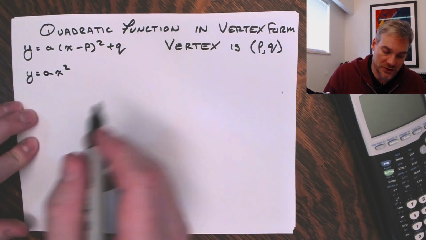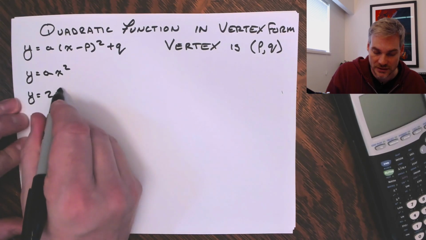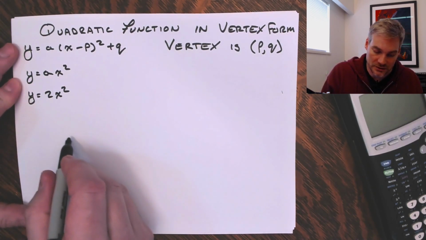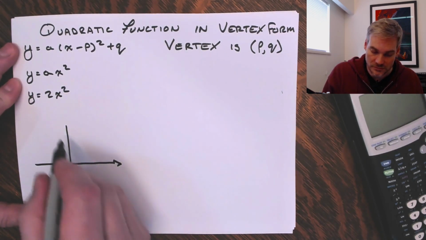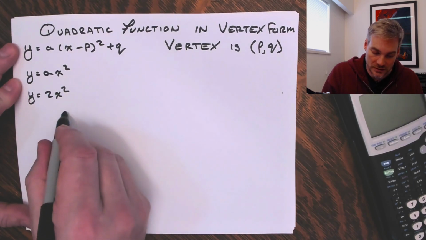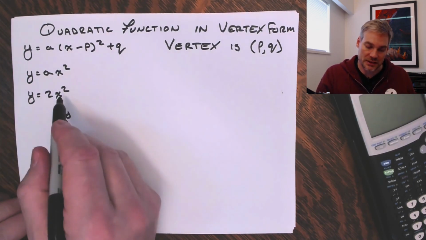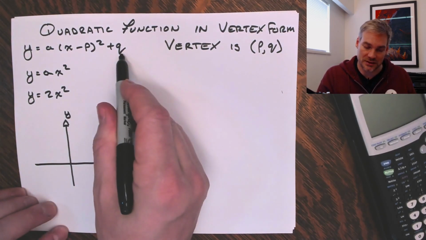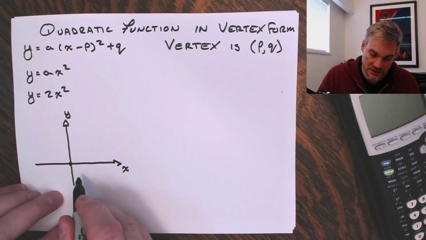Let's observe y equals 2x squared. I'm going to draw a graph. This is y, this is x. Our vertex here is hidden, but q is 0 because it's not written, and so is p. So we actually have our vertex here.